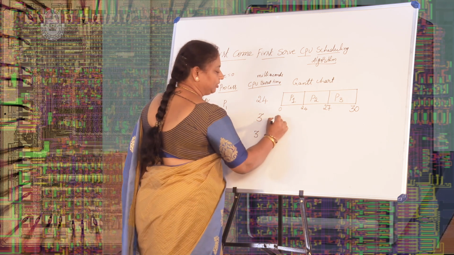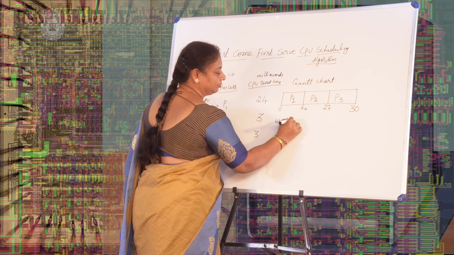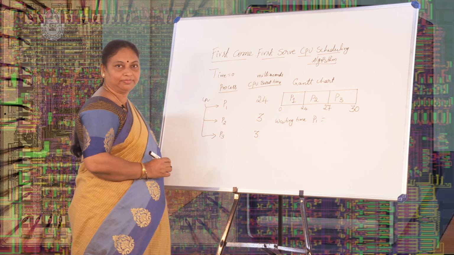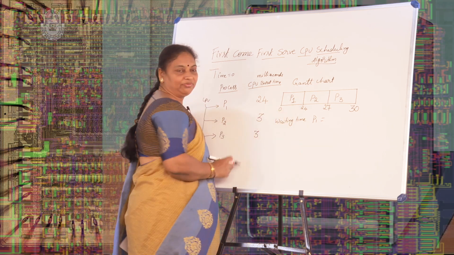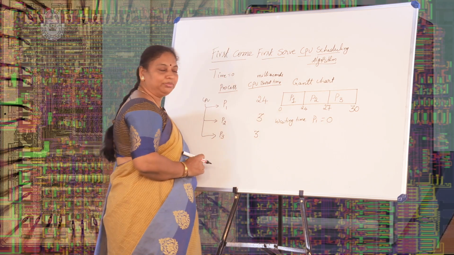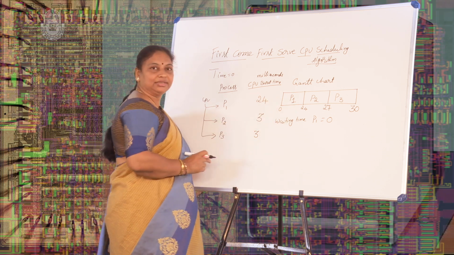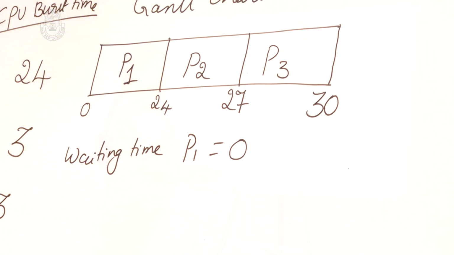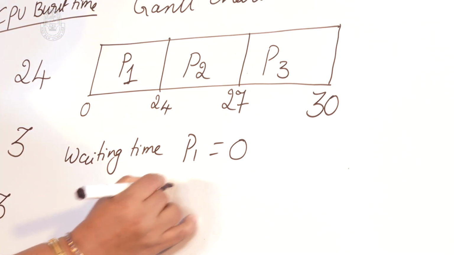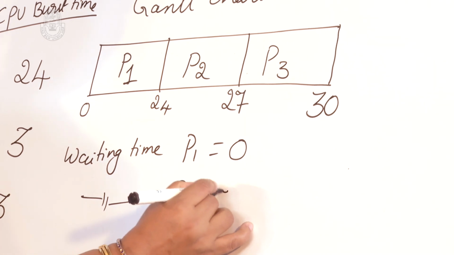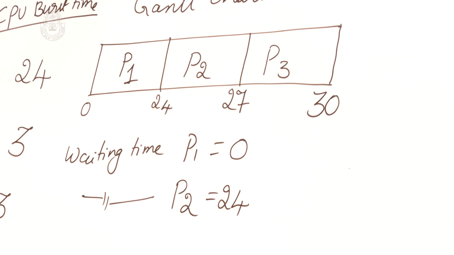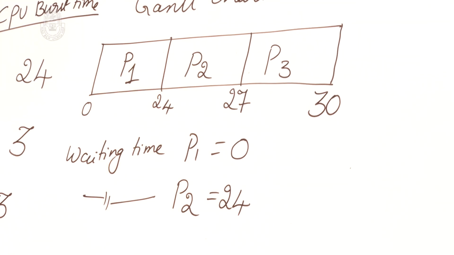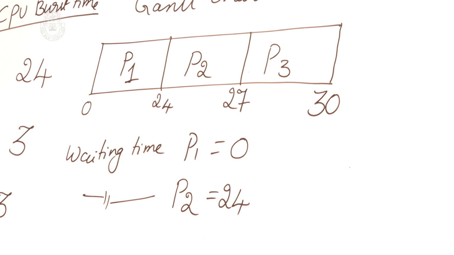Now, if we calculate the waiting time of each process individually, the waiting time for P1 will be 0. Why? As soon as it enters the system, it is taken for execution. Whereas the waiting time for P2 is 24, since it waits till the completion of the execution of P1.